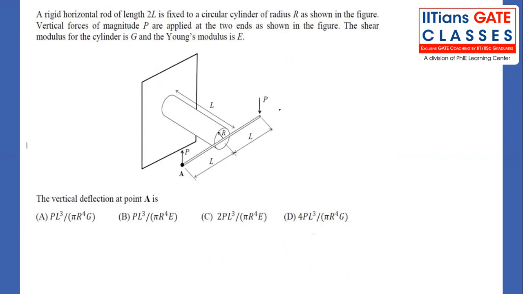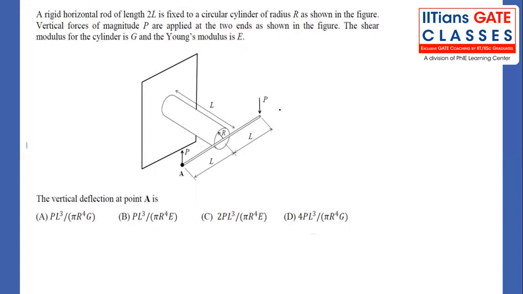Now, what you are understanding from this numerical, read each and every line. As we are taking in this particular series very good numericals from all the topics. A rigid horizontal rod of length 2L is fixed to a circular cylinder of radius R as shown in the figure.